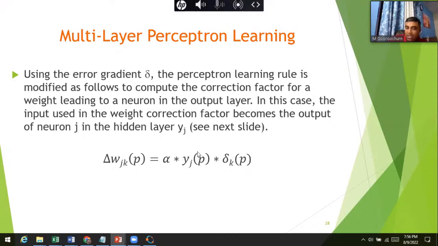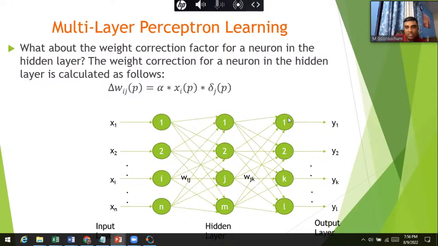Now, next question, why have y here? I get the answer from here. This is actually a bigger MLP if you want. If you consider this neuron, its input is not X. Its input is the output of this neuron. So in this hidden layer here, I have the index j, so all the outputs in this hidden layer are going to be called Yj.